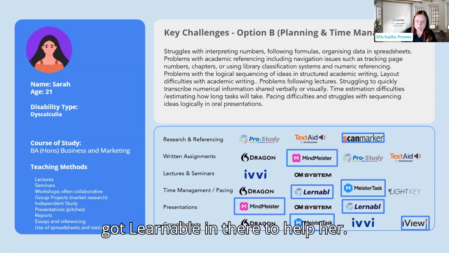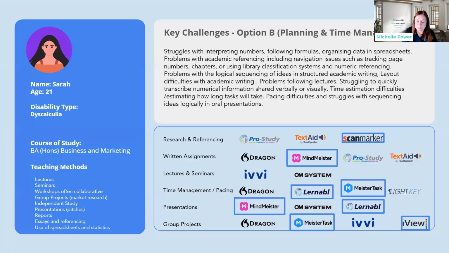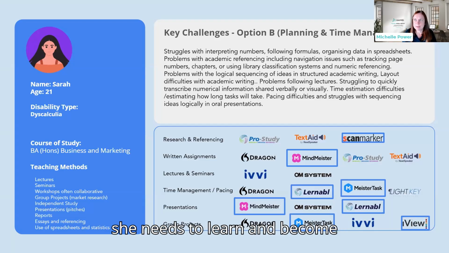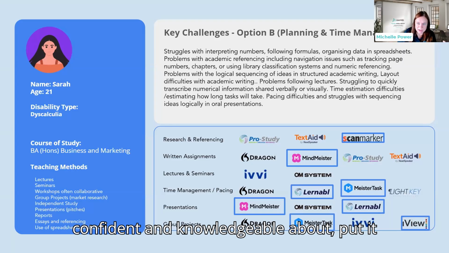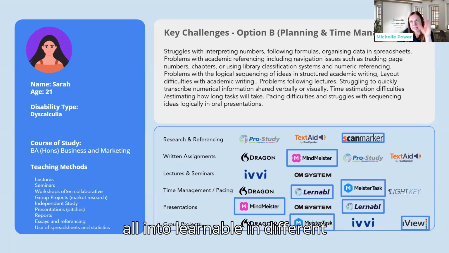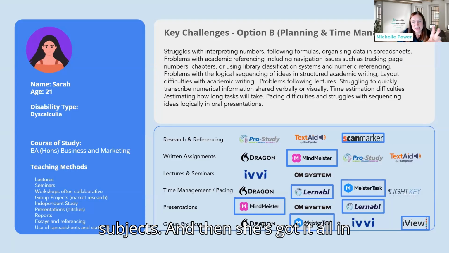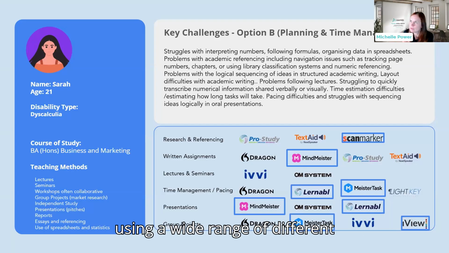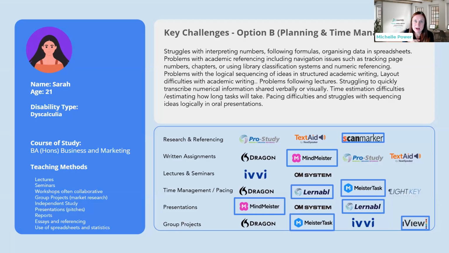And with Learnable, we've got Learnable in there to help her, because she can upload the content that she needs to learn and become confident and knowledgeable about, put it all into Learnable in different subjects, and then she's got it all in one place, and then she can learn that using a wide range of different learning methods.